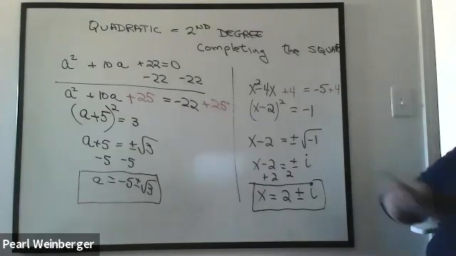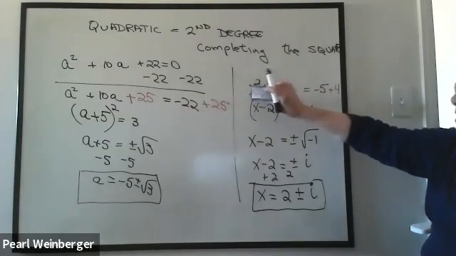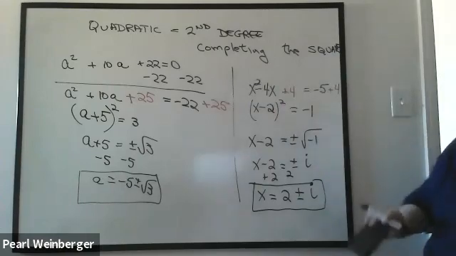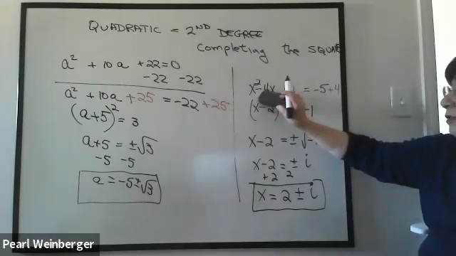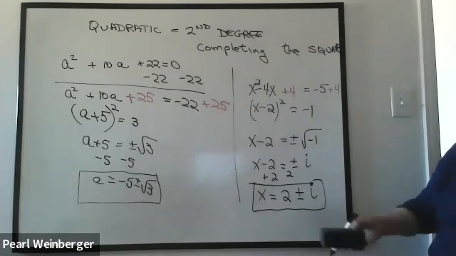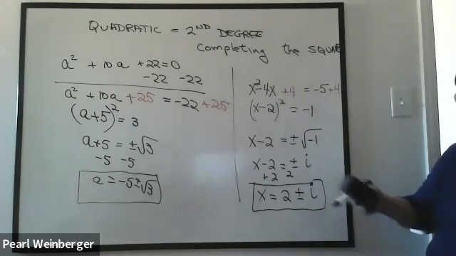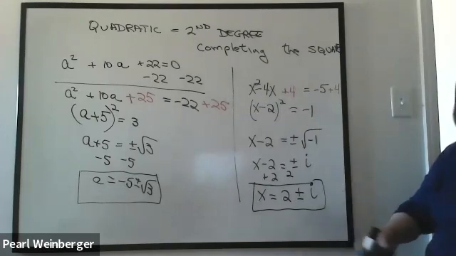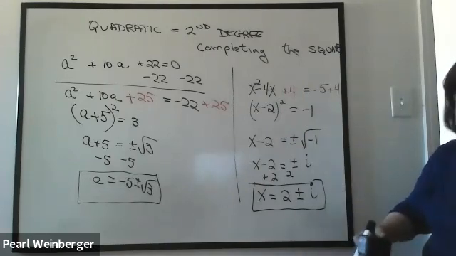Remember, we only want to use the completing the square method when we start out with a leading coefficient of 1 and the number in front of the x is even. Now that's not always the case. Sometimes we have other numbers in front of the x squared, sometimes odd numbers, sometimes fractions.